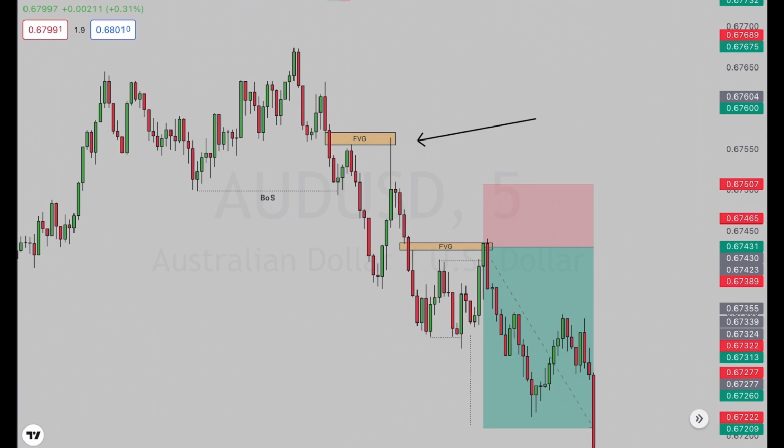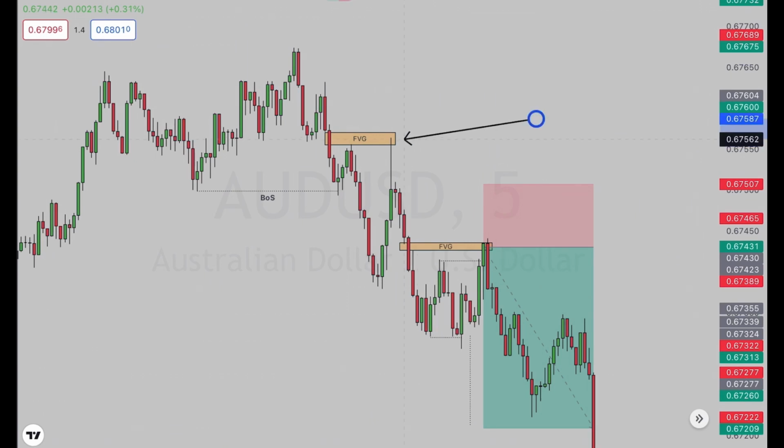Another thing that I said that is important is that ideally you would want to take trades with fair value gaps only when a liquidity grab is occurring, because that's what makes fair value gaps even more powerful. Again, fair value gaps are just a tool available to use anytime that you have a liquidity grab happening and you don't know where price will stop and continue on the trend.